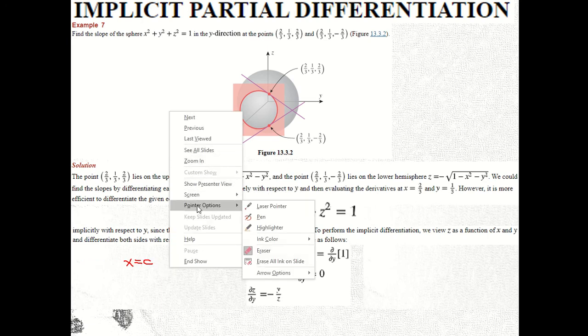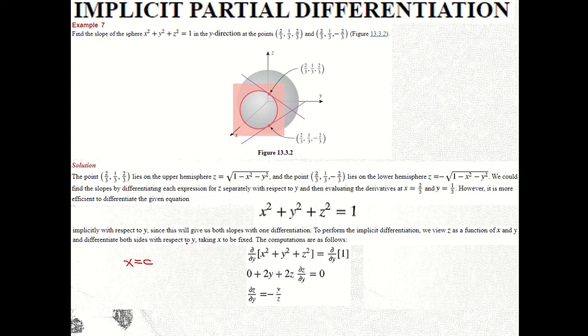Class, I will not write the whole word; I'll just use a shorthand to refer to constant. So, differentiating partially with respect to y, holding x as constant, we have here the partial derivative of x squared. This is constant, so this is 0. The derivative of y squared is 2y.